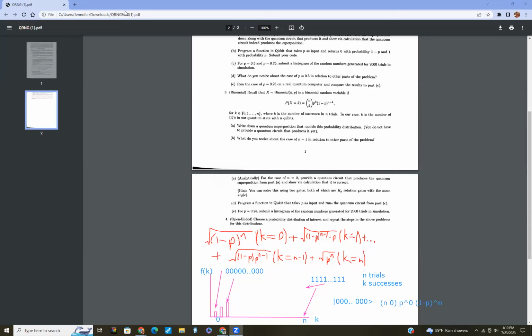And that's the weight for that, all the way to, if we take a random ket in the middle, let's just say there's just one success, then the weight on that would be n choose 1, p to the 1, times 1 minus p to the n minus 1, all the way to the all ones case, where all n qubits are 1, which is the trial run where you have all successes, which is probably as equally unlikely as no success. Okay, I understand now, where p is the success probability in each trial.